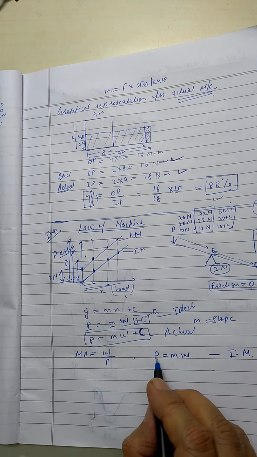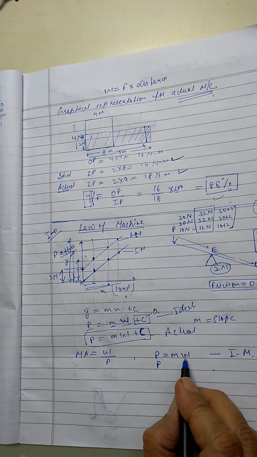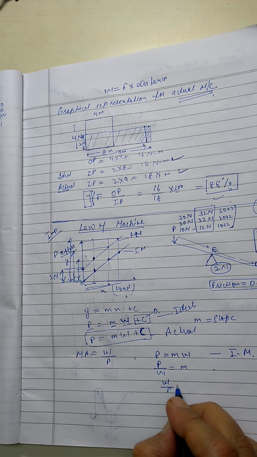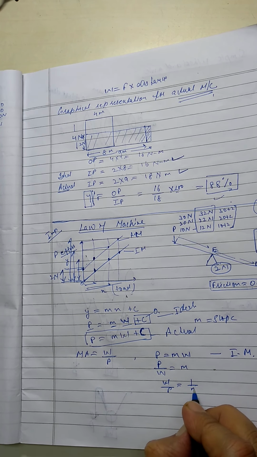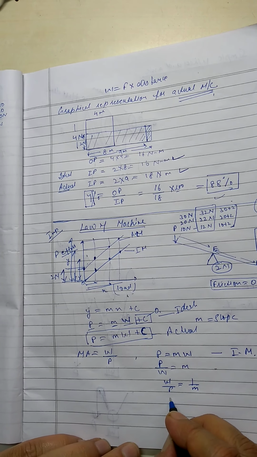Now from this equation, if you take W here, P upon W is equal to m, and W upon P will be equal to 1 upon m, and W upon P is the mechanical advantage.